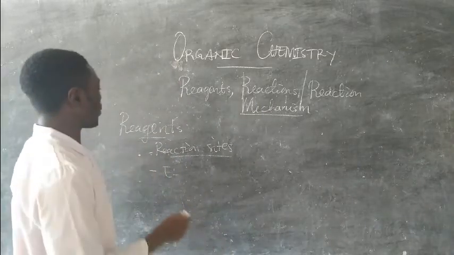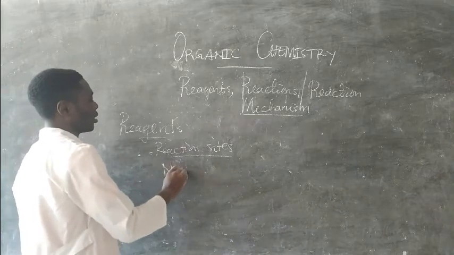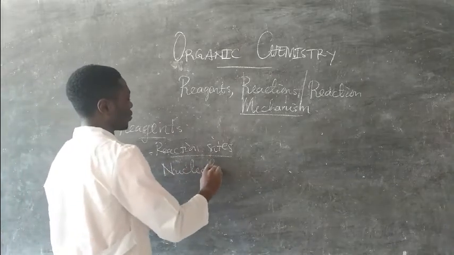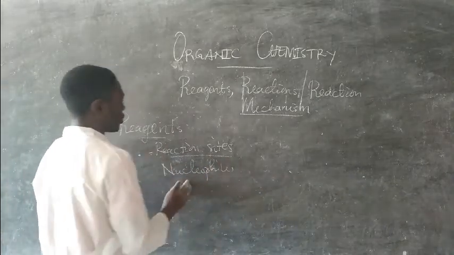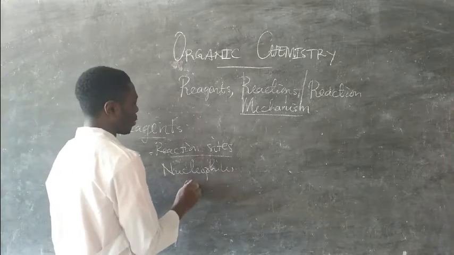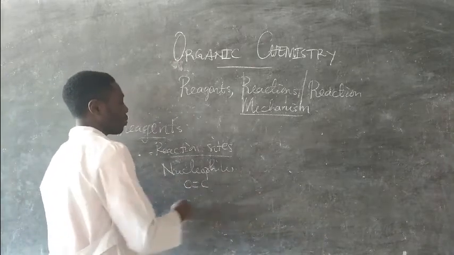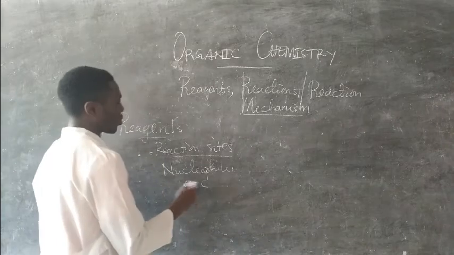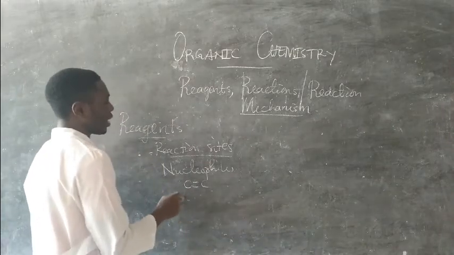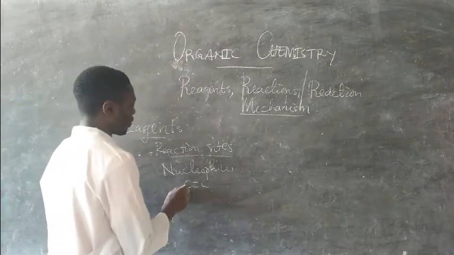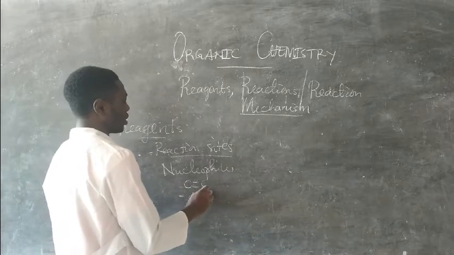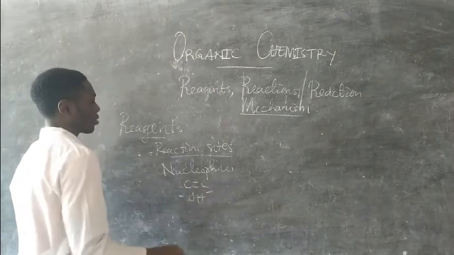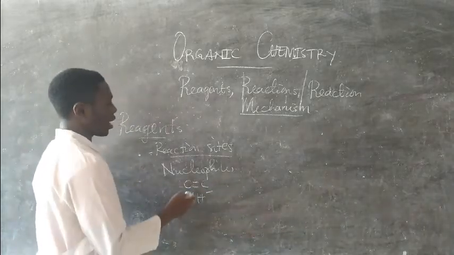Examples of nucleophiles: you have double bonds, maybe carbon to carbon double bonds, carbon to oxygen, and so on. Those are electron-rich sites. We also have negatively charged species like OH minus.